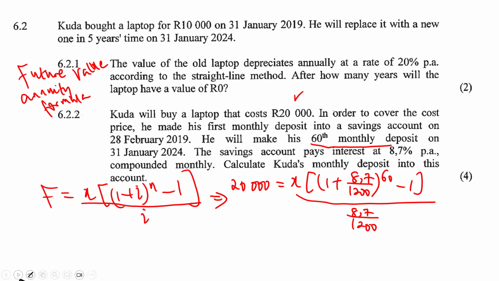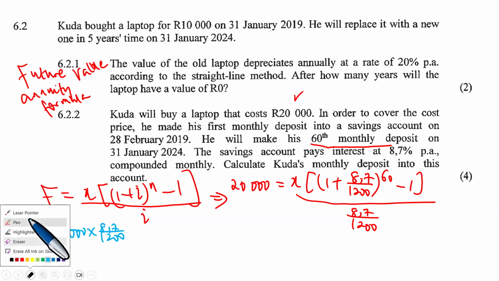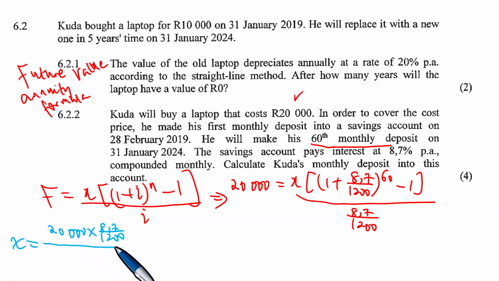And then now we want to get the answer to this, and we solve for X. And upon cross multiplication, we would have the 20,000 times that, which is exactly 20,000. You multiply it by 8,7, but you divide by 1,200, all divided by this. So divide by what is within the parentheses.